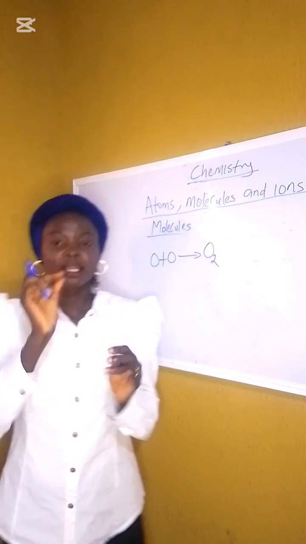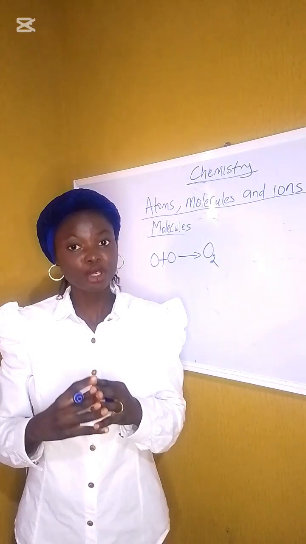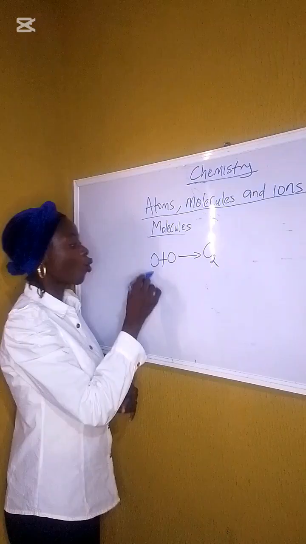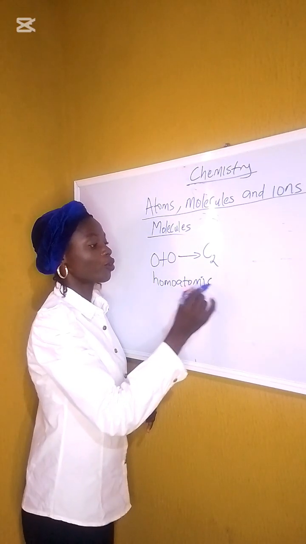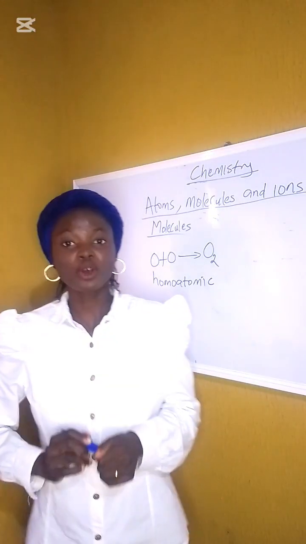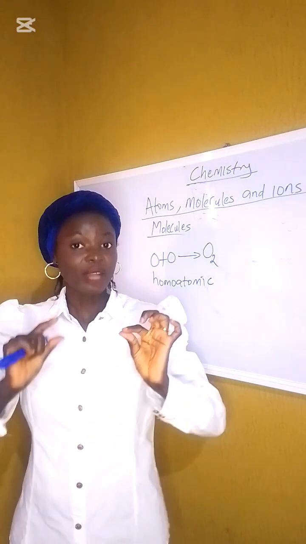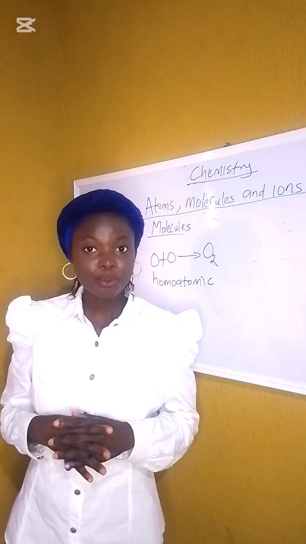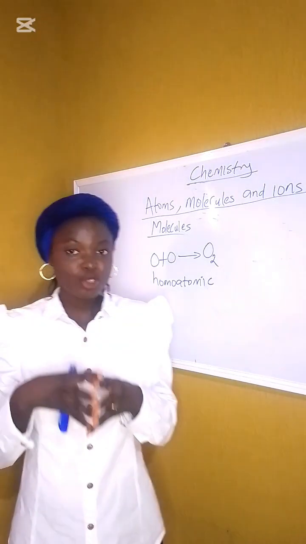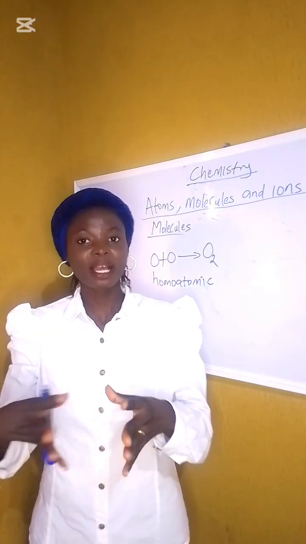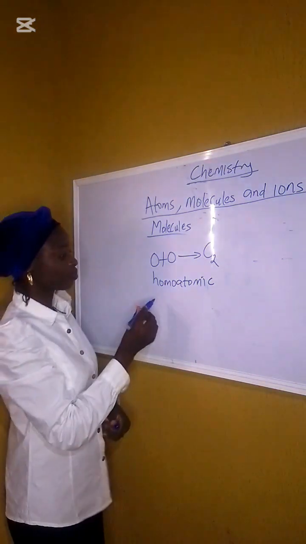When atoms of the same element chemically bond together to form a molecule, they are known as a homoatomic molecule. Don't forget, homoatomic. And when atoms of different elements chemically come together to form a molecule, this is what I mean.